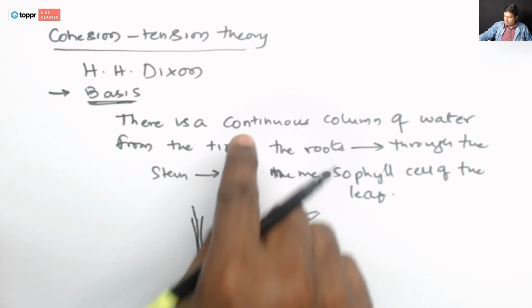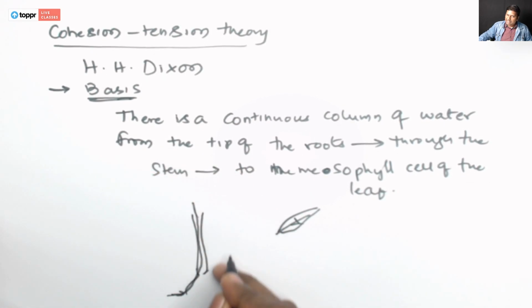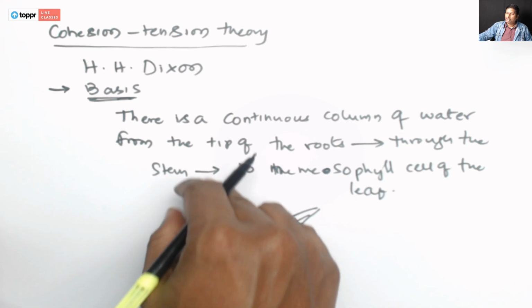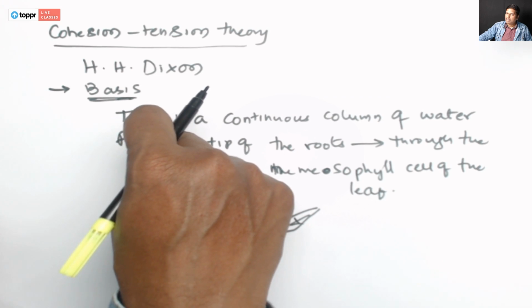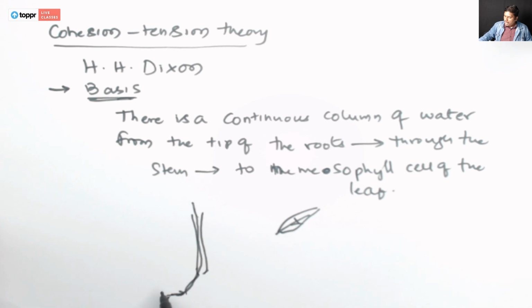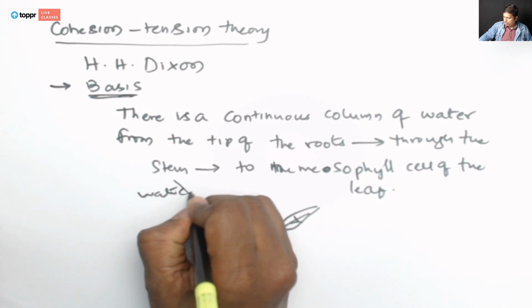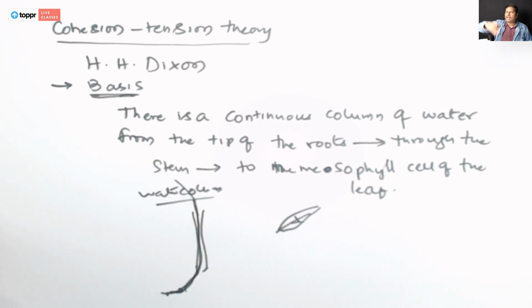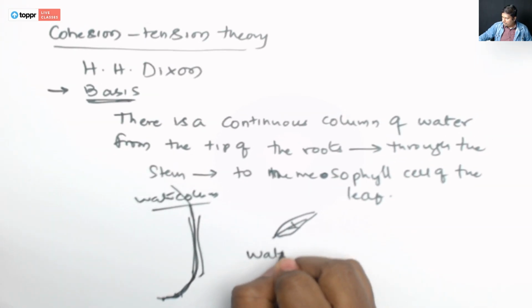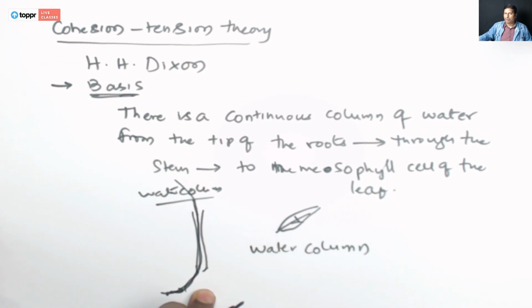So this theory assumes that this entire thing is connected with a big tube-like thing, all the way from the tip of the root through the stem to the mesophyll cells in the leaf, and this tube has a water column. There is water actually inside, and everything is connected with this water column.